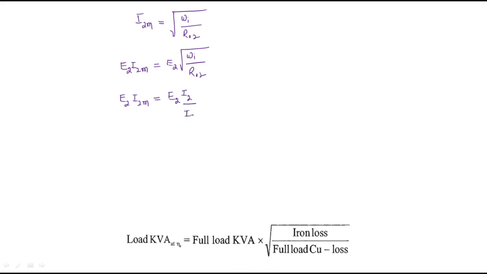E2 I2 by I2, that is I2 divided by I2. Obviously we are going to get the same value, which is equal to Wi by R02. So E2 I2M should be equal to E2 I2. Can I write like this? I introduce this I2 into this square root. Obviously we are going to get I2 square R02. So we all know that I2 square R02 is nothing but what?